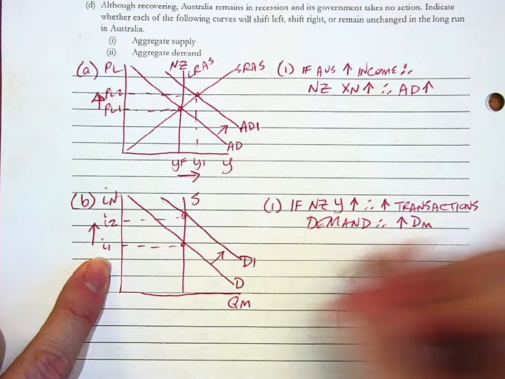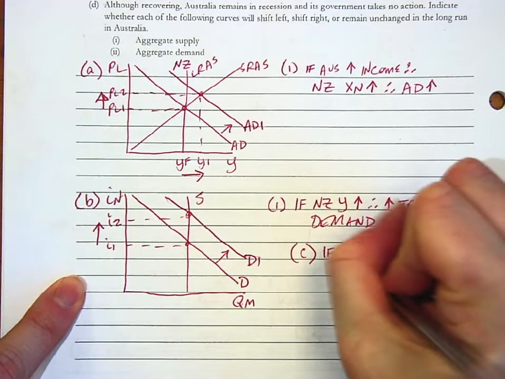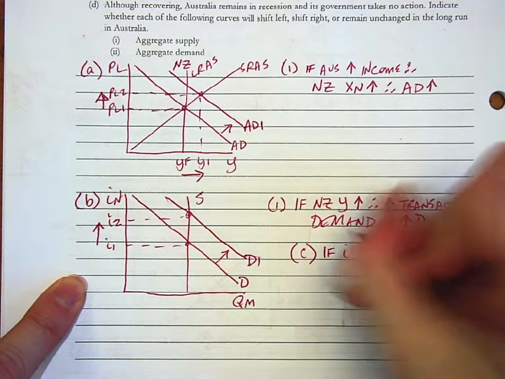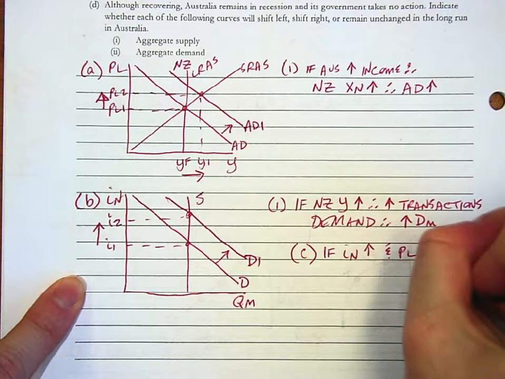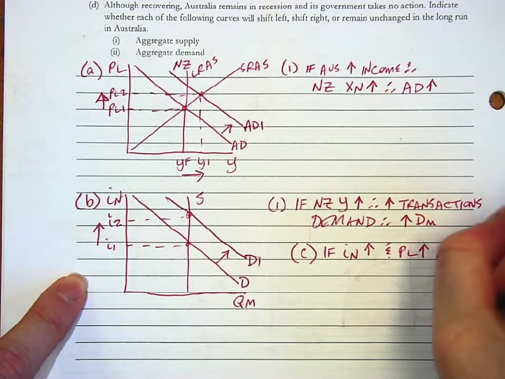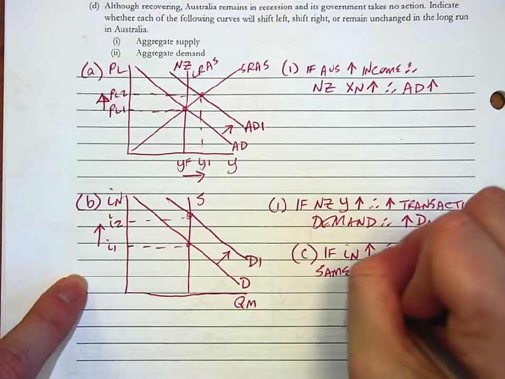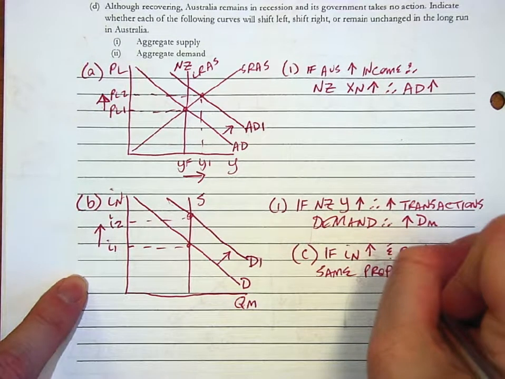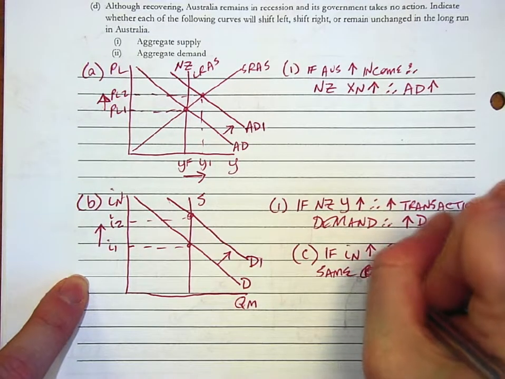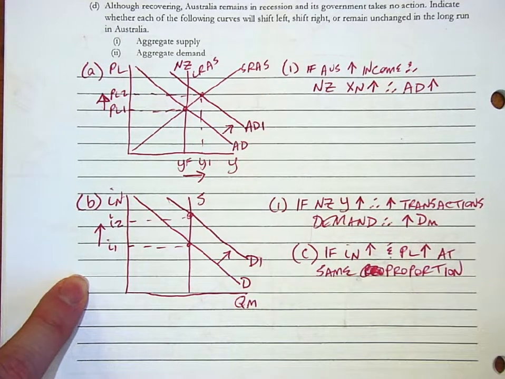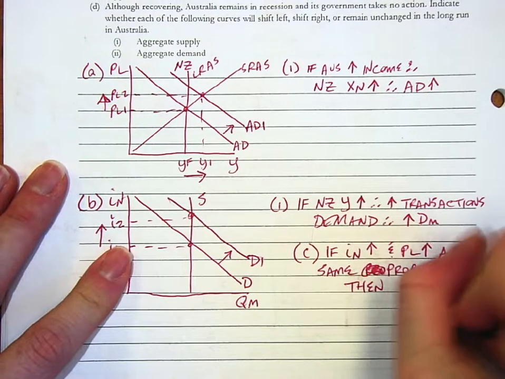This is B2. So we'll say C, if the nominal rate increased and the price level increased by the same amount, in the same proportion, then the real interest rate could stay the same.